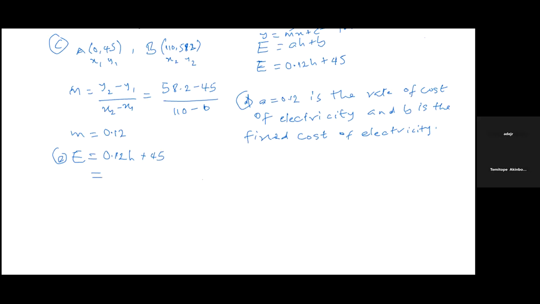So 0.12 times 65 plus 45. If you multiply and add, everything will now equal 52.8.